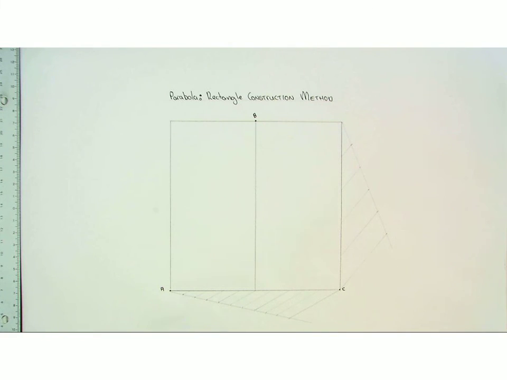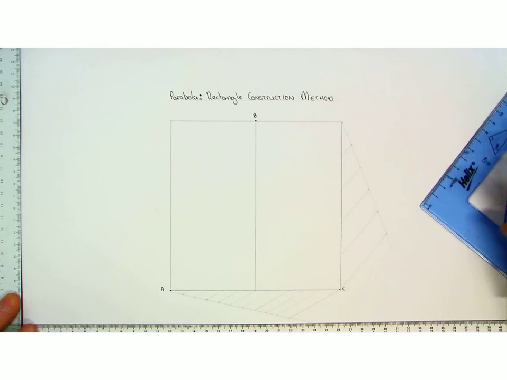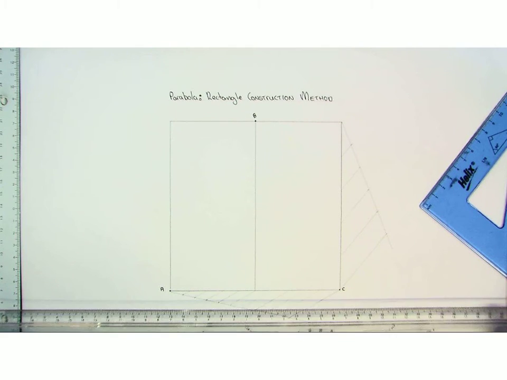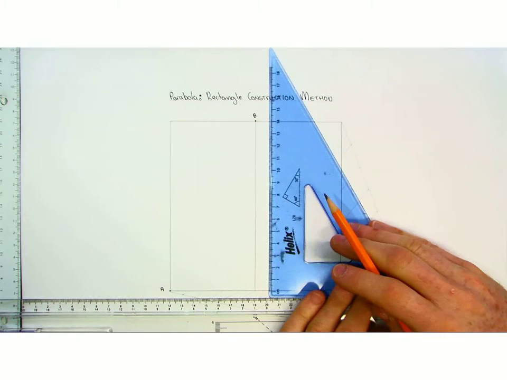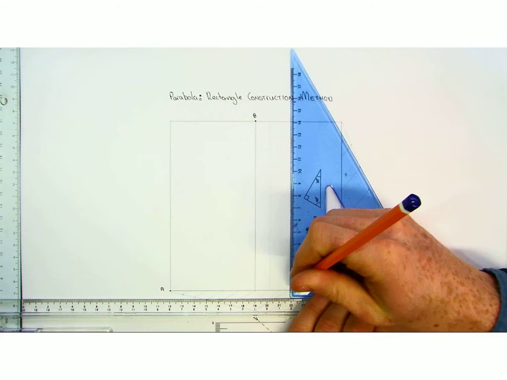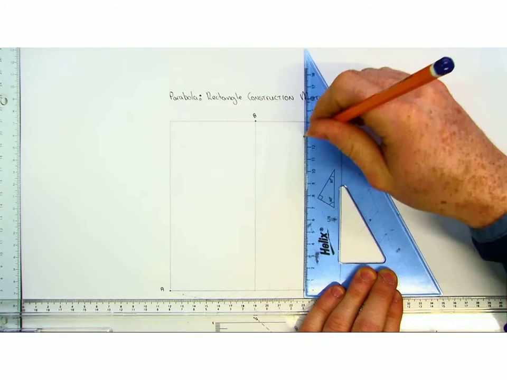I can now use these points to help find the location of my points on my parabola. The lines at the bottom are going to be drawn vertically up to the top of my rectangle. 1, 2, 3.